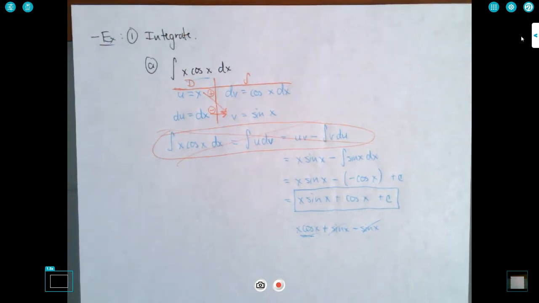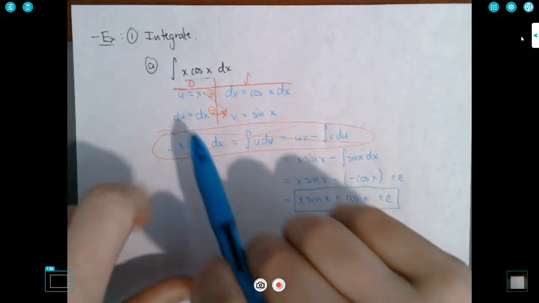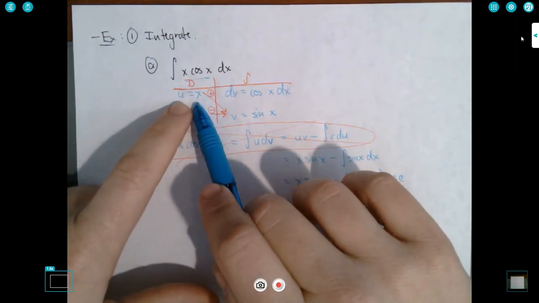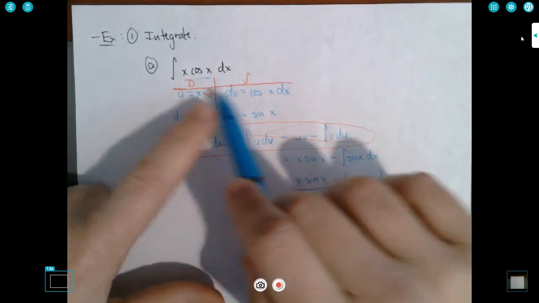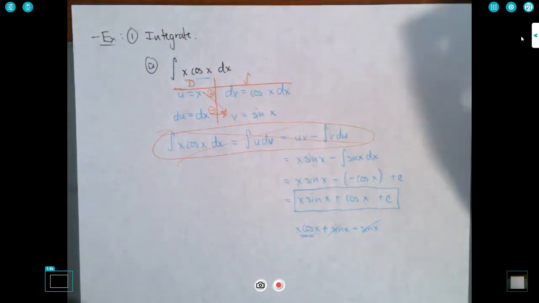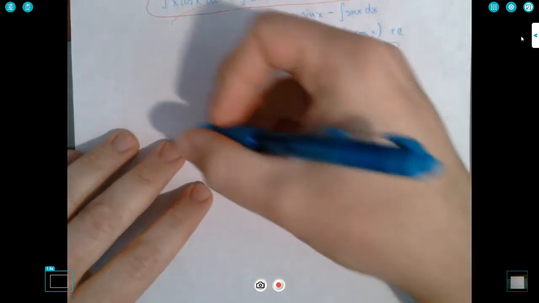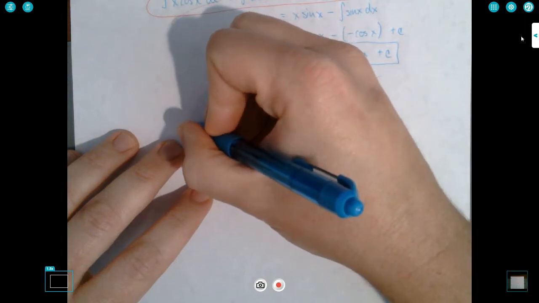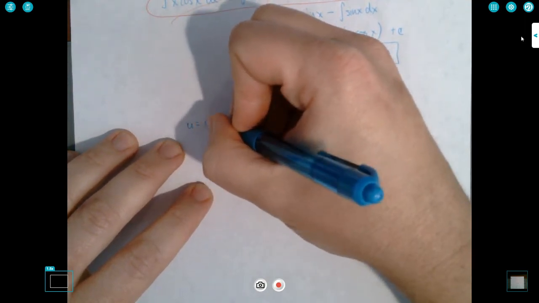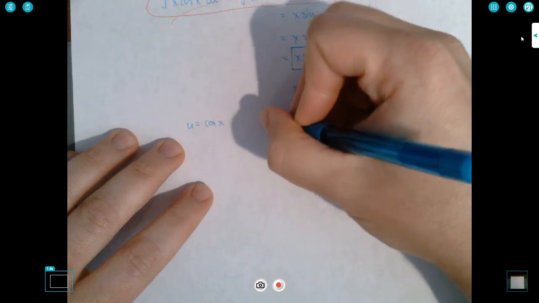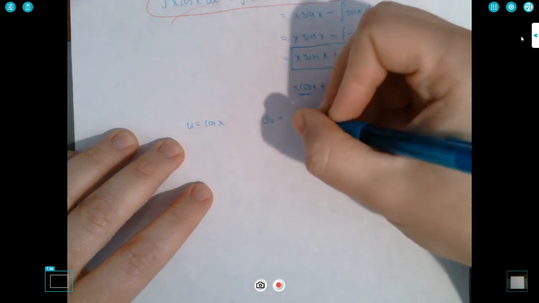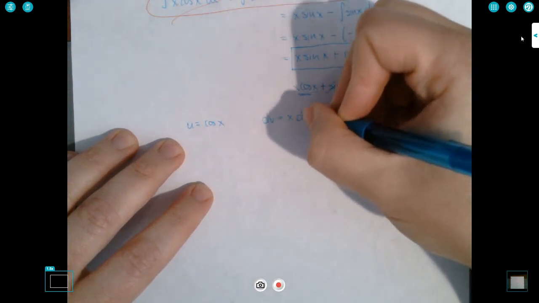But another comment that I want to make is, how did I know to choose x to be the thing to differentiate rather than integrating it? Well, let's try it out. Let's see what happens if we let u be cosine x, and then we let dv be x dx, right?